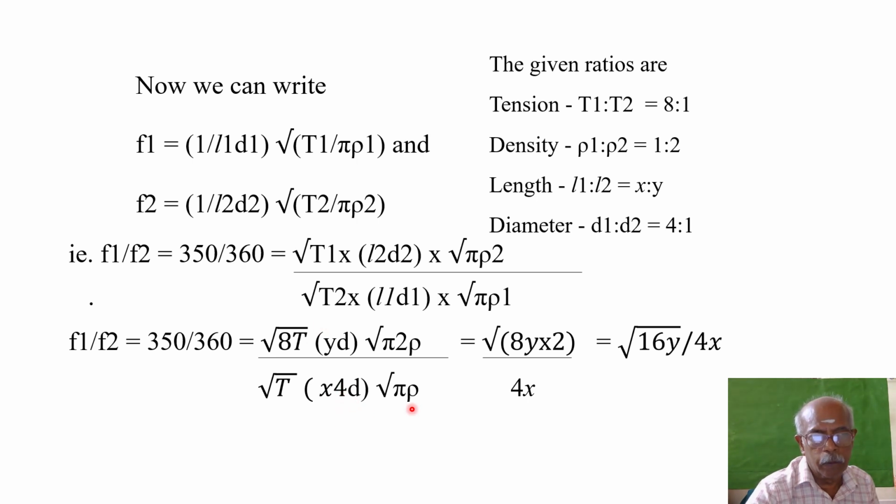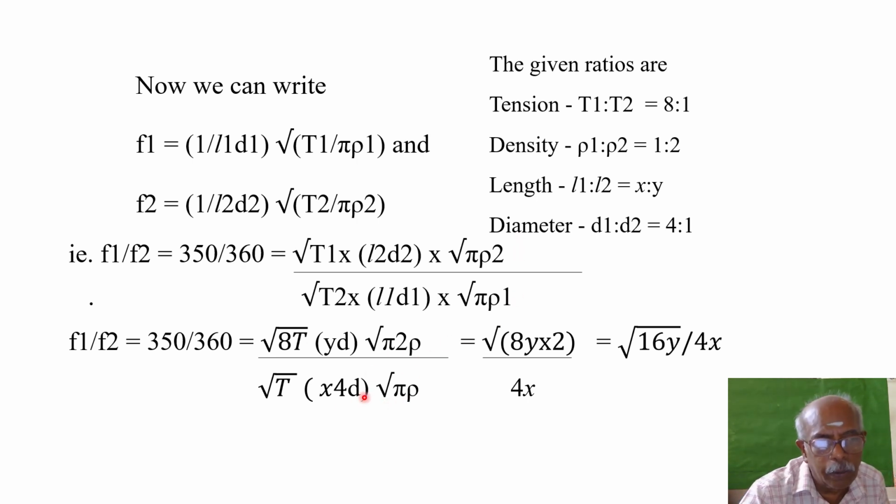So for the first wire, instead of L1 D1 we write x into 4D, instead of T1 we write root 8T, and instead of pi rho 1 we write square root of pi rho.